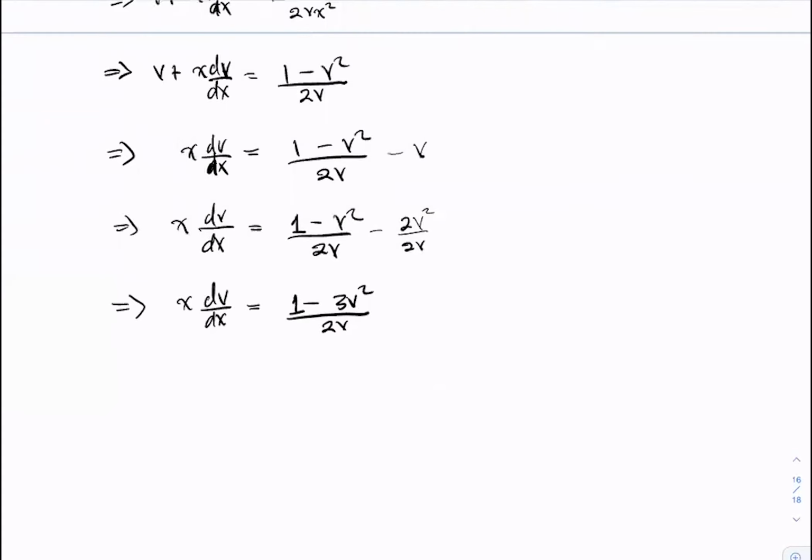As I said, the equation is now separable. So this means 2v divided by 1 minus 3v squared is equal to dx divided by x. So somebody's wondering where the dv went. dv is still on our left-hand side. So there we realize that the equation is now separable.